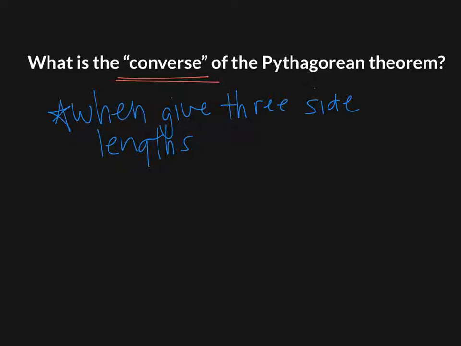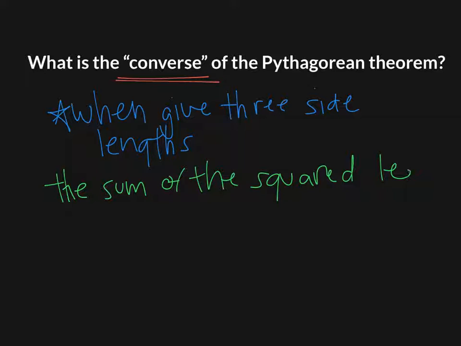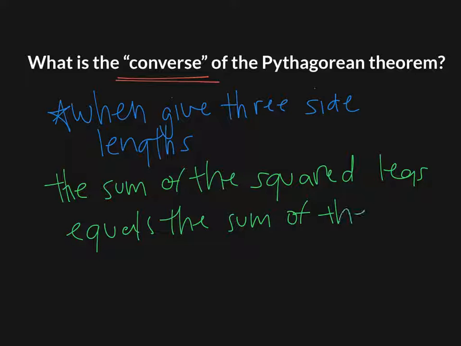And what I need to write more than this is, when given 3 side lengths, the sum of the squared legs equals the sum of the squared hypotenuse.